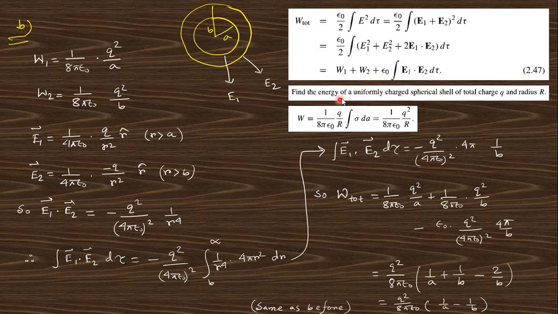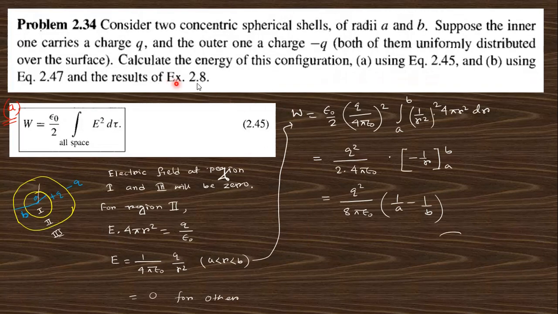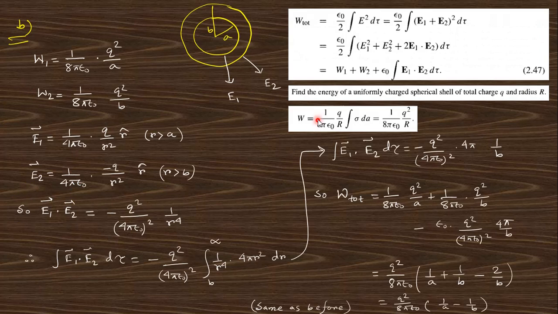Okay, so W1, the work done for forming the inner surface, will be 1 by 4 pi epsilon naught. This is already obtained in this equation, so we take this result. Actually this result from exercise 2.8, the formation work of a spherical shell, is 1 by 8 pi epsilon naught q squared by r.